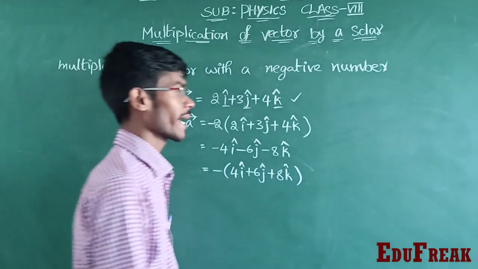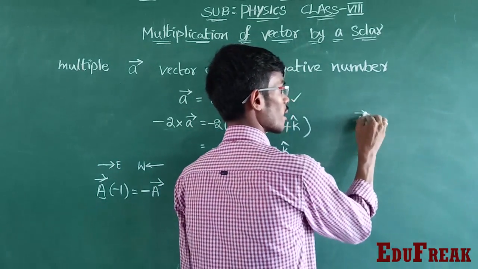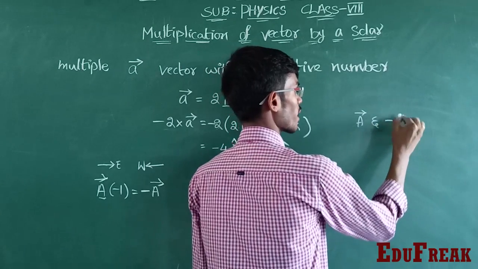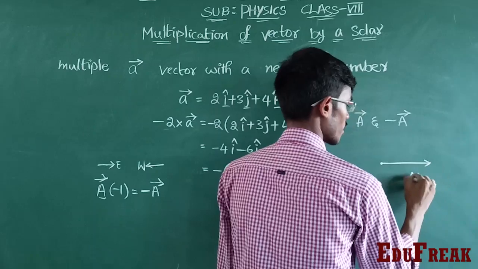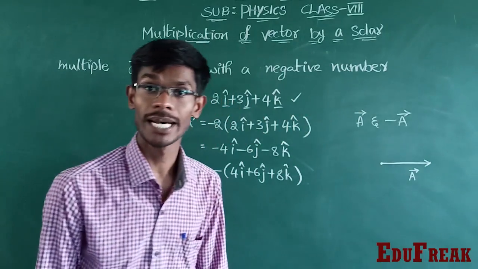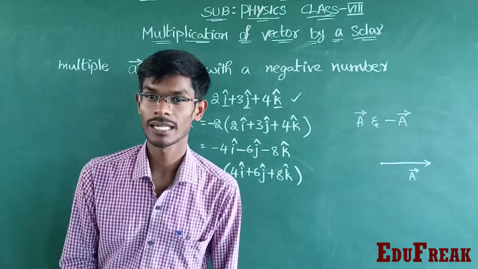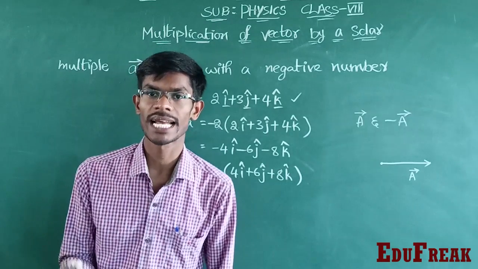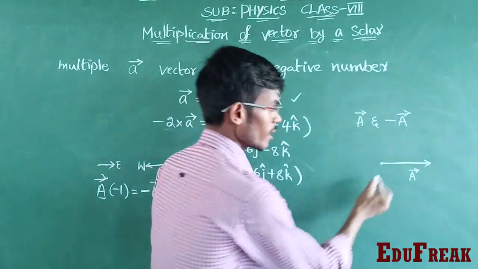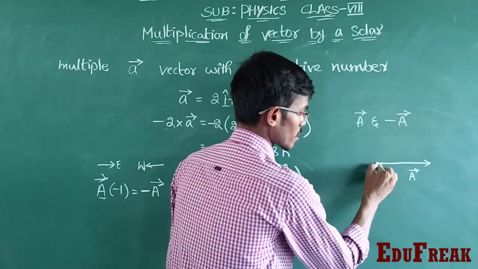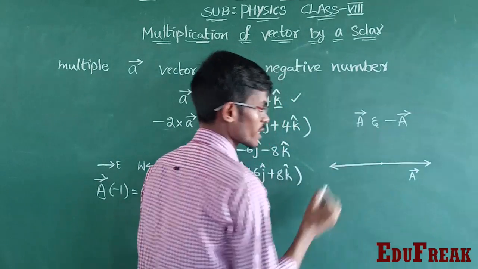And what is the angle between a bar and minus a bar? See here, if you consider this is a bar, what is negative a bar? Negative vectors are the vectors which have the same magnitude but opposite direction. So minus a means same magnitude but opposite in direction.